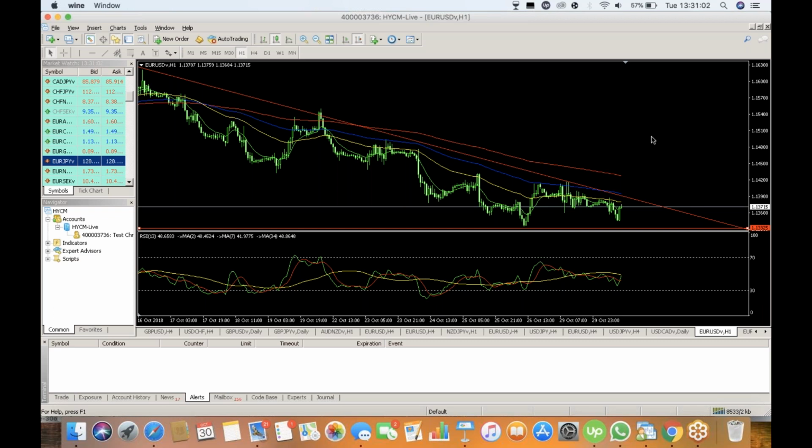So when we're looking at the charts, we have a broad direction of selling the euro. We've had the German data come in, which is a little bit more positive for the euro, but we think the overall trend is still down.